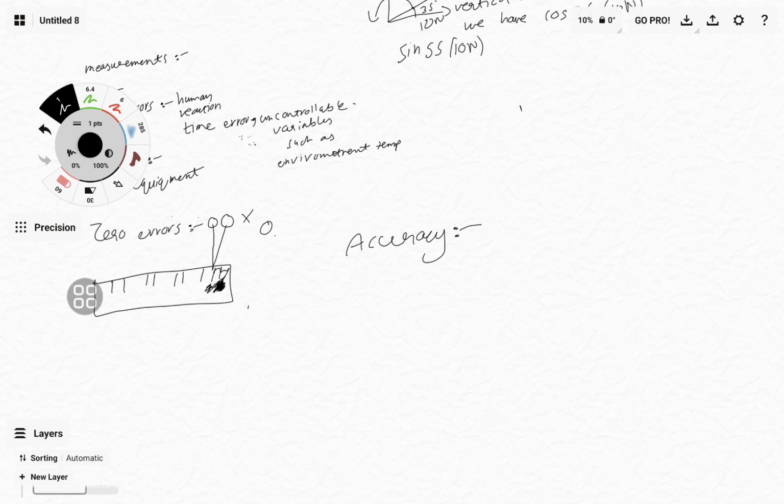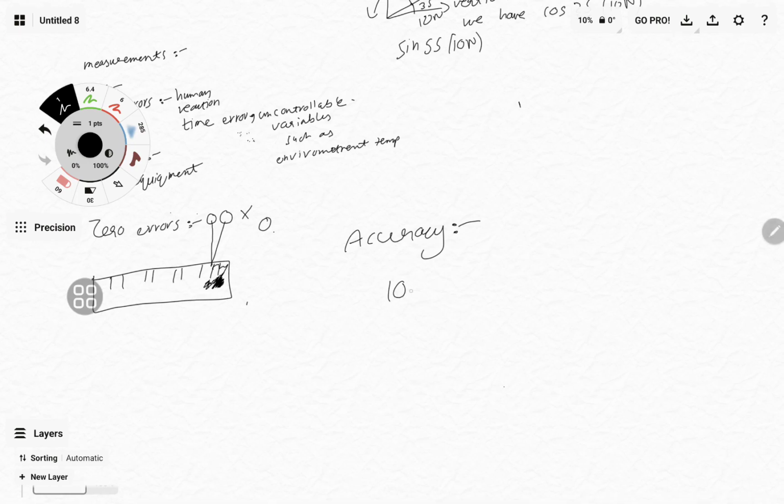Like if the true value is 10 Newton, then 9.9 Newton would be accurate but not precise. Precise would be a number of values being close to each other. I might be wrong about this, so you might have to check this out.